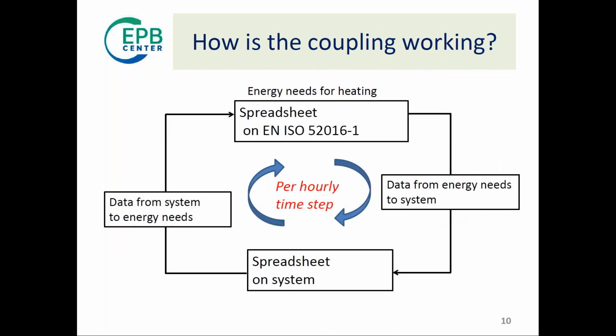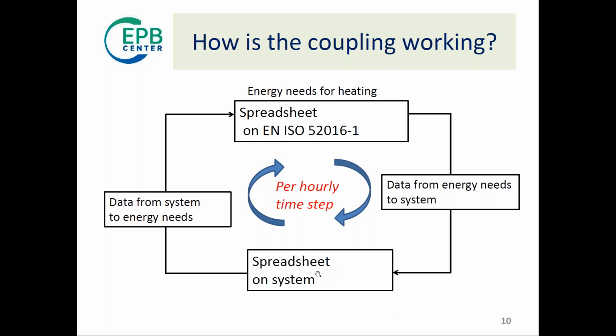Well, how is the coupling working between the energy needs and the system? Here a general picture. So you have the calculation according to EN ISO 52016 part 1, hourly calculation. And from that you get data from the energy needs from this calculation to the system.